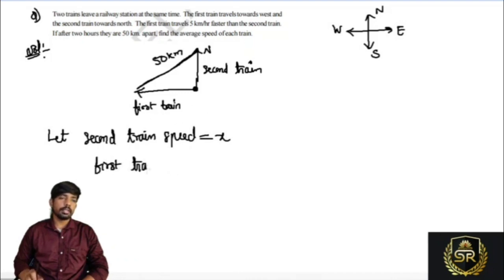The first train speed is x plus 5 kilometers per hour more when comparing to the second train, right? This is speed. So the time taken is 2 hours.